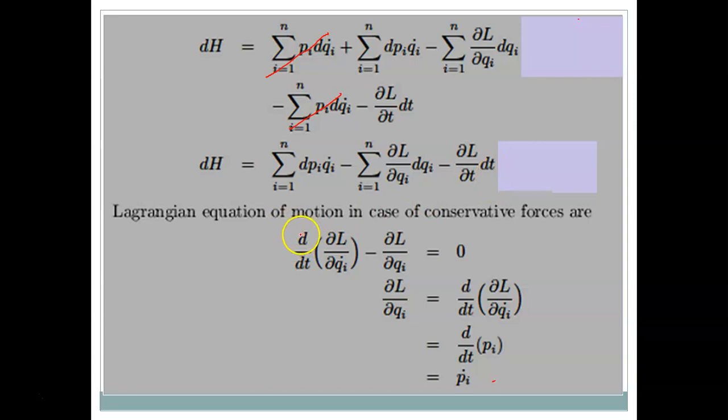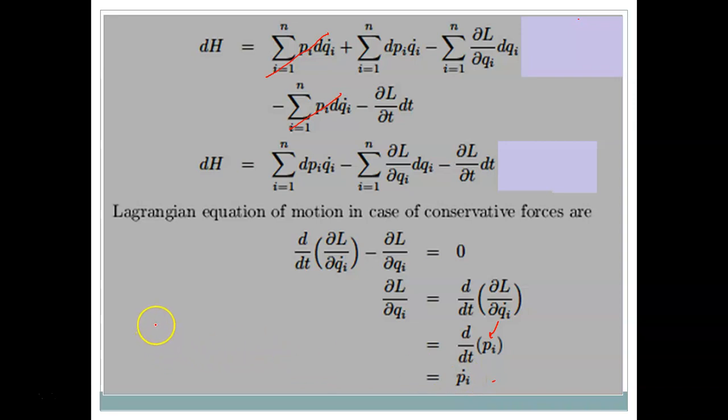Further, you know the Lagrangian equation of motion in case of conservative forces is d by dt of del L by del qi dot minus del L by del qi equal to 0. So as we have done earlier, del L by del qi is equal to d by dt of this, which is pi, and if you take the derivative with respect to t, it gives you pi dot.